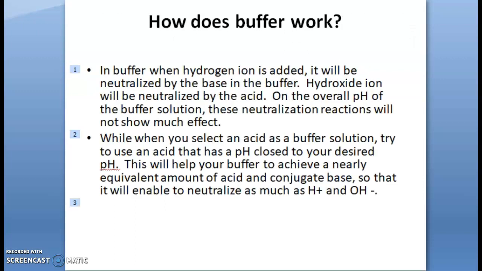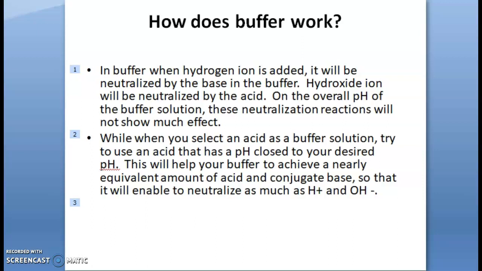So you may be asked how this buffer solution works. In a buffer, when hydrogen ion, that is H plus ion, is added, it will be neutralized by the base in the buffer. You know that H plus ions get neutralized by adding OH minus ions, right? So it balances the pH and it hardly changes the pH of that solution.